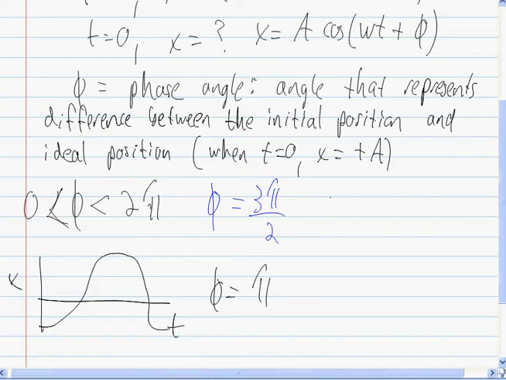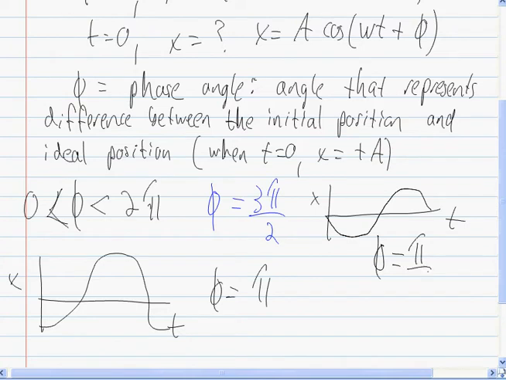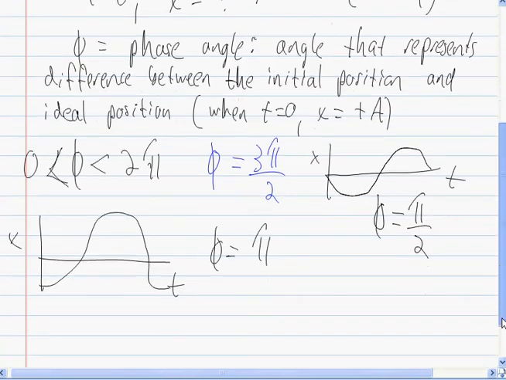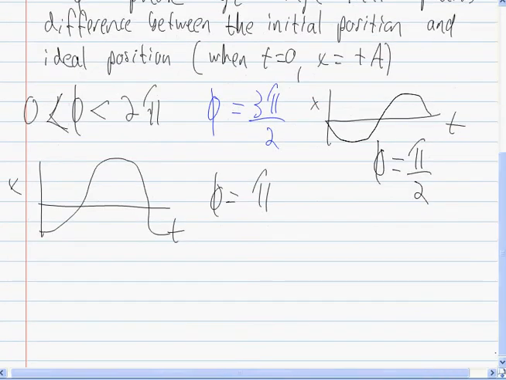If we have a x over t and it starts going downward like this, in this case, the phase angle is going to be pi over 2. And we can actually solve backwards for it.